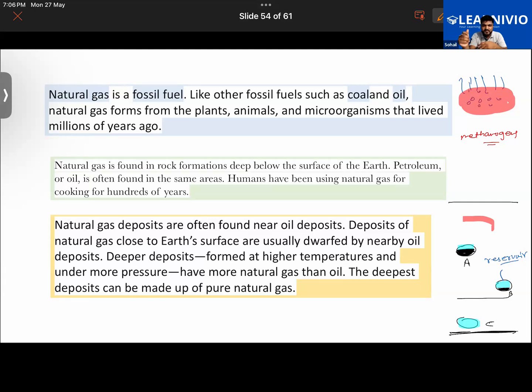Yes, sir. That stinky smell is basically the gas that is coming out of it. So the body of that animal is decomposing, and during that decomposition gases are also coming out of it. So it's a simultaneous process. Both of them will be happening at the same time.